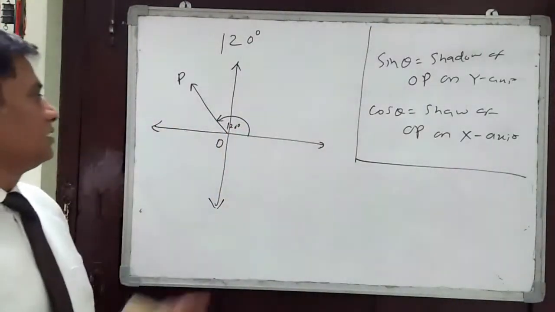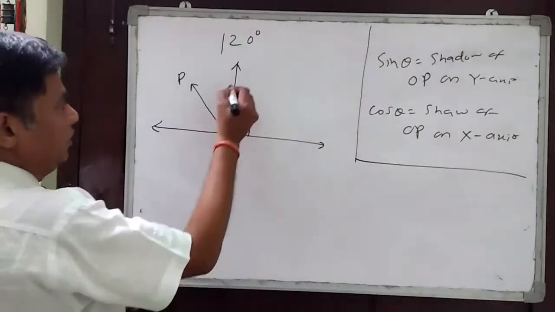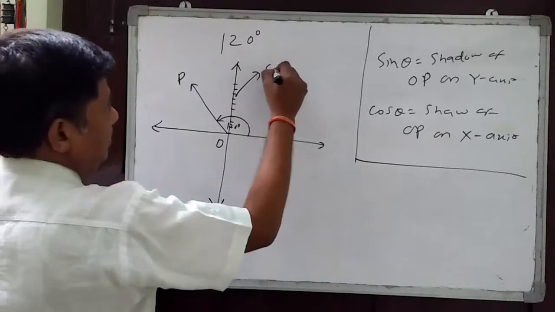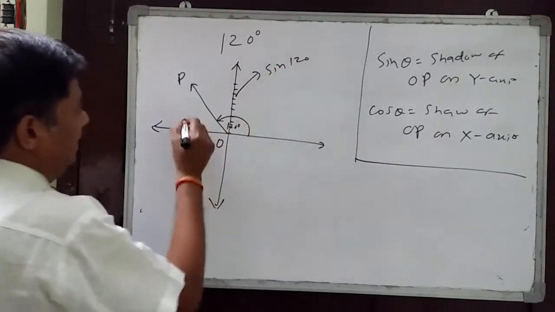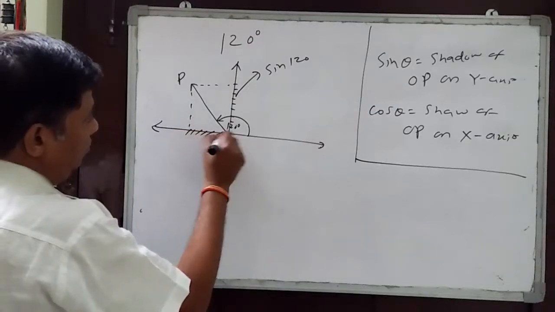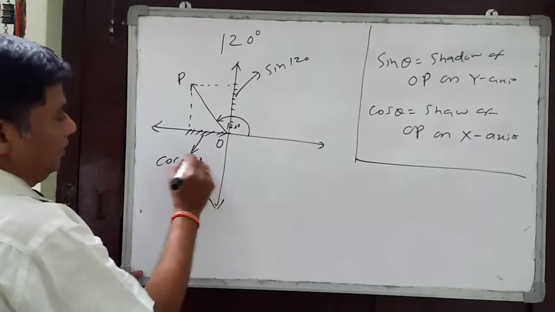Now how to get its sin and cos? As we have said, the shadow of OP on y-axis will be sin 120 and its shadow on x-axis will be cos 120.